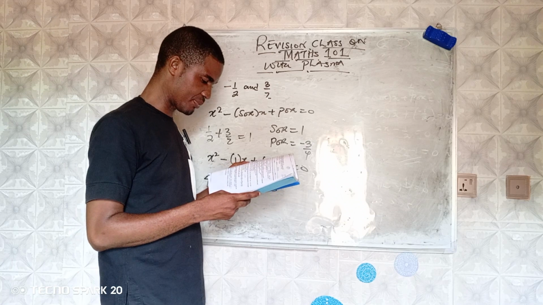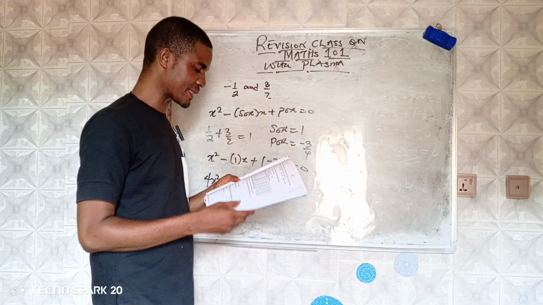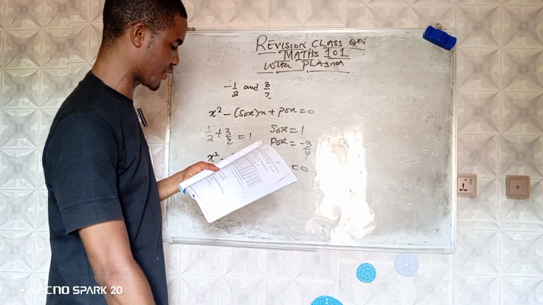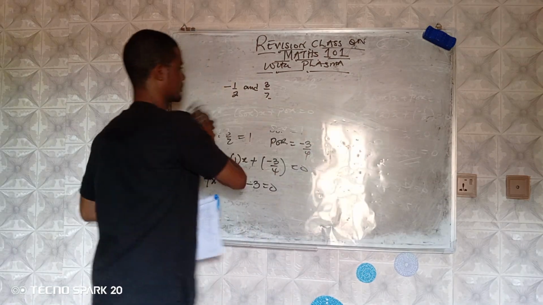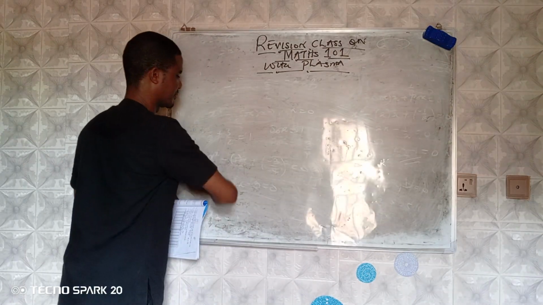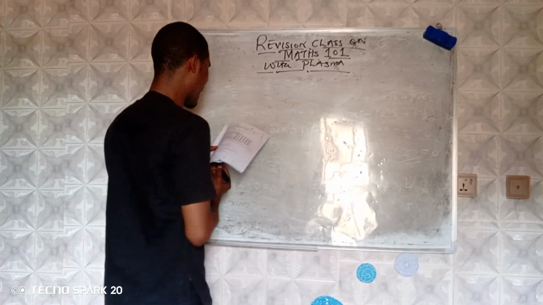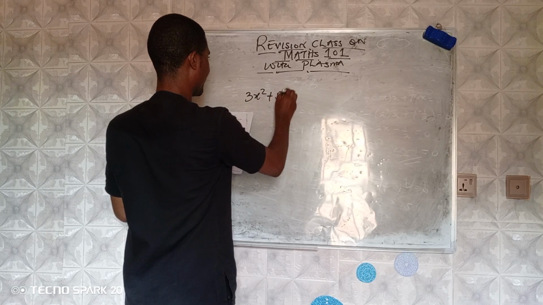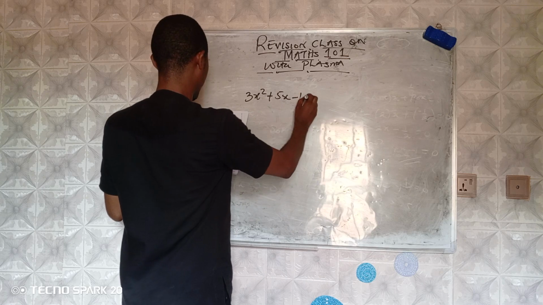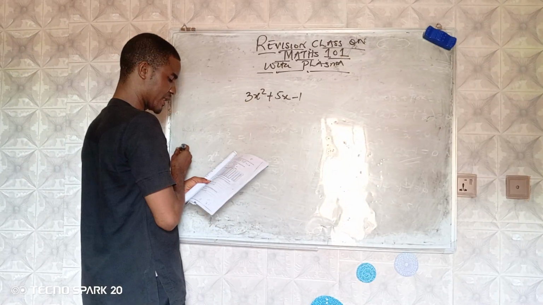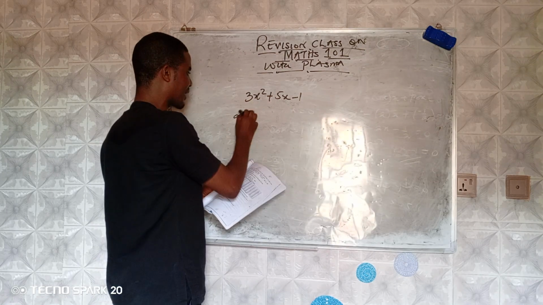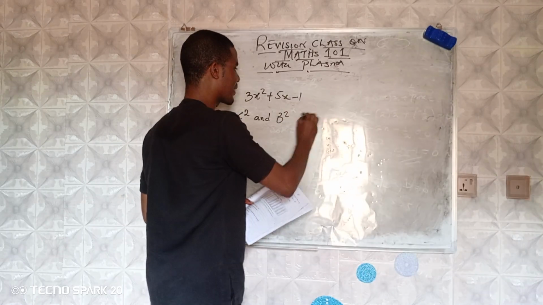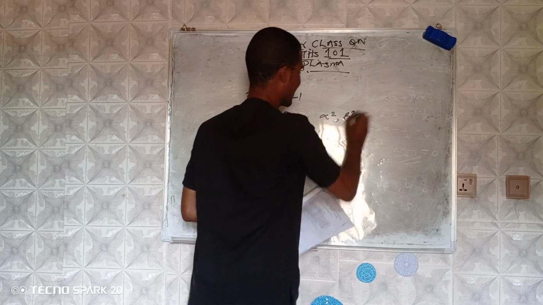Okay. The next question is question number 1, section B. It says, if alpha and beta are the roots of this equation, 3x squared plus 5x minus 1, form an equation whose roots are alpha square and beta square, which can also be written as alpha square comma beta square.